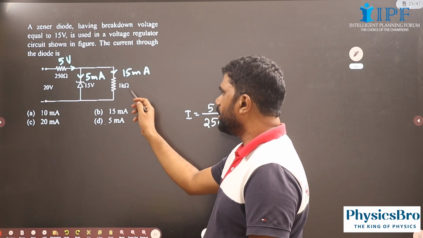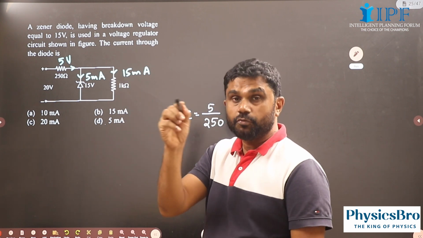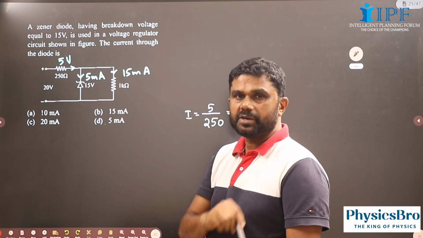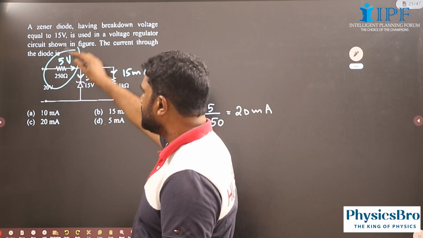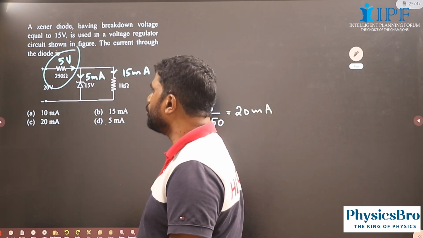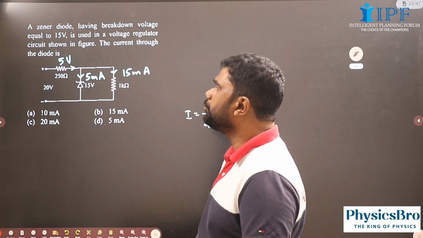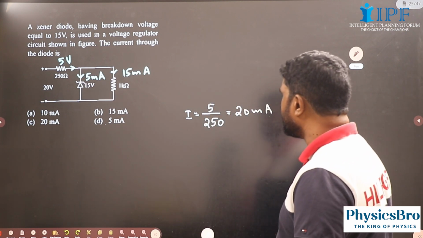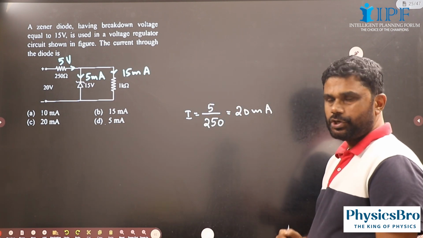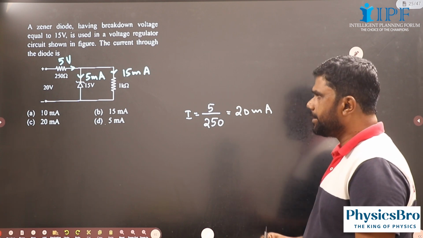Here we have 1 kilo ohm. So the current through this resistor will be 15 volt by 1 kilo ohm, that is 15 milliampere. Here the voltage is 5 volt and the resistance is 250 ohm. So the current through this resistor will be 5 by 250. Multiply both the numerator and denominator by 4, you will get 20 by 1000, or 20 milliampere.